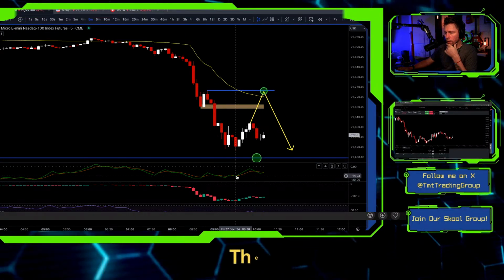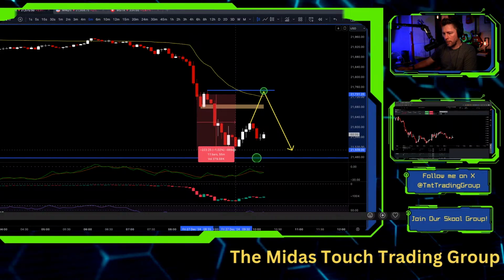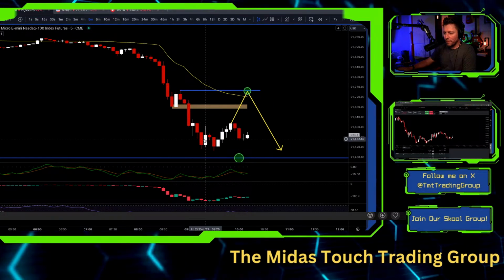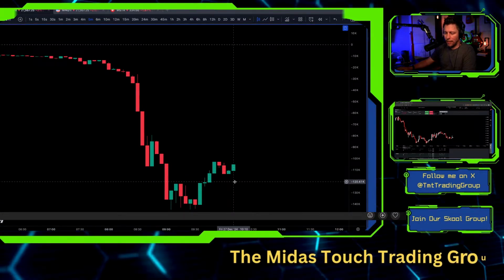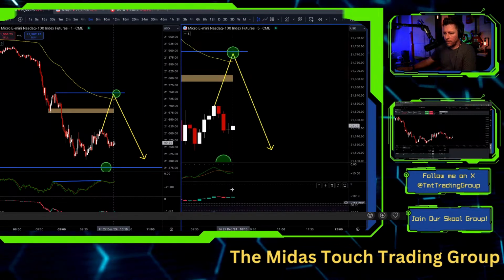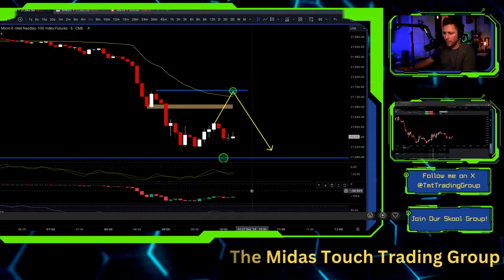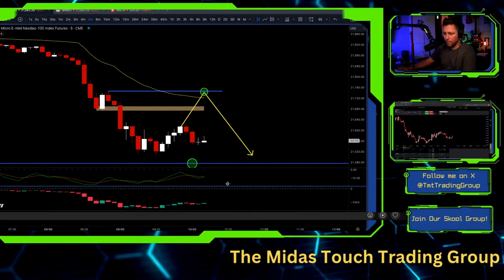We had a nice divergence all the way down. That would have been hard to hold, but that's like a 220 point drop. So CVD, kind of a tough indicator to look at right now, just because it's not really balanced out.